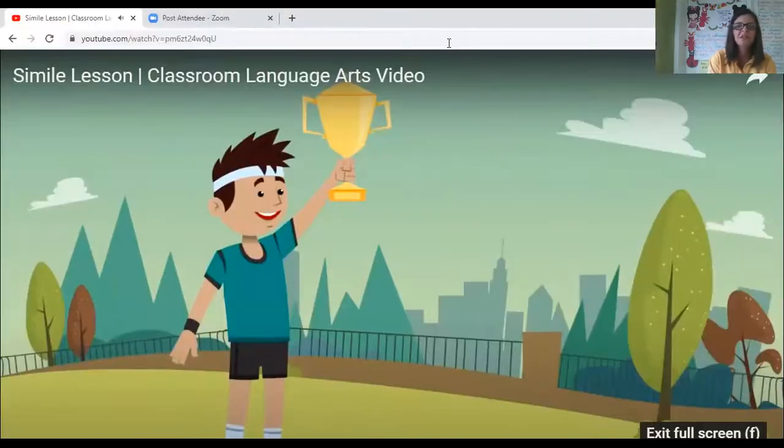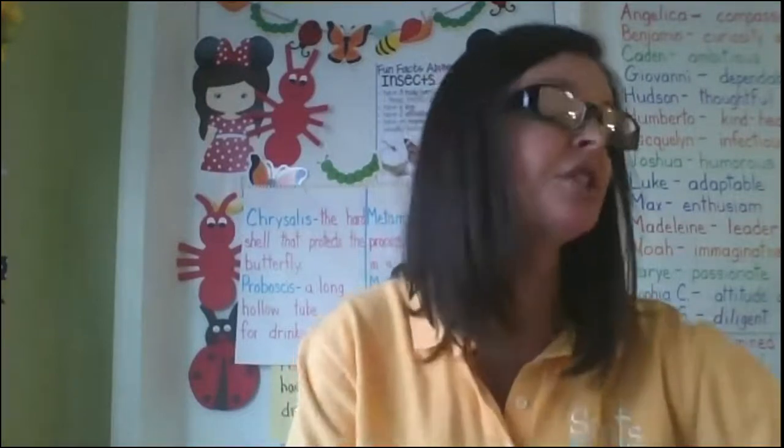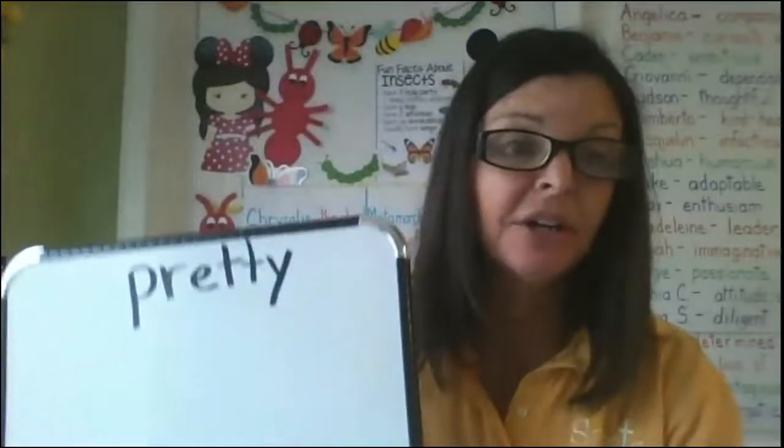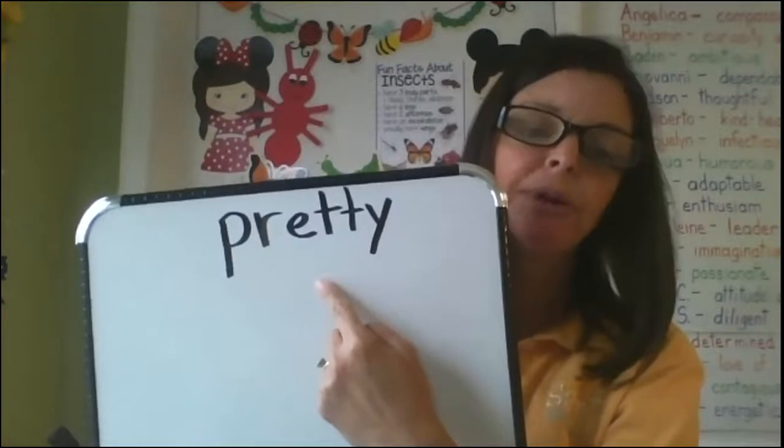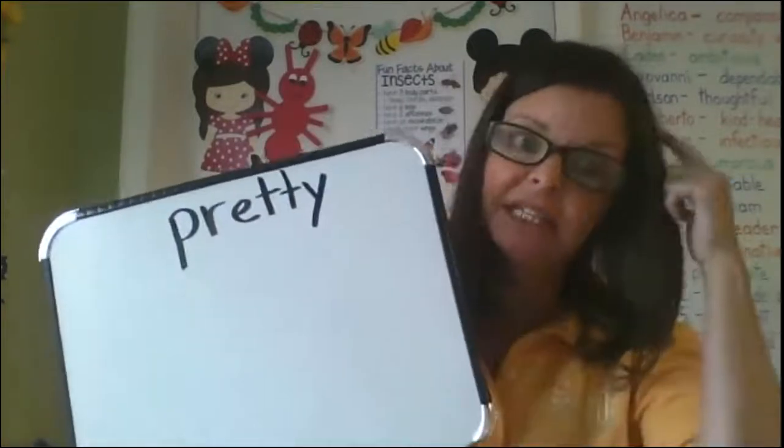All right, you guys. So that was pretty good, right? I feel like they gave a good explanation. So one of the things that I'm going to talk to you about is making a comparison. If you take a look, my word is pretty. When I think of pretty, I'm going to make a list of all the things that remind me of something pretty.